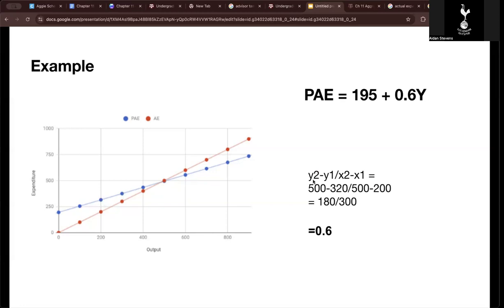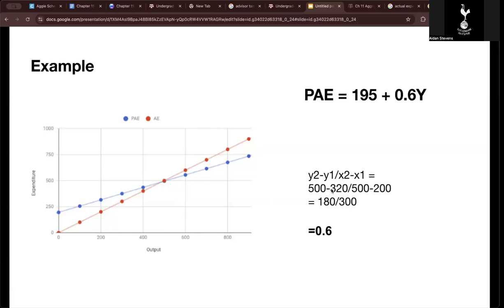To start off, we need to find out what y2 and x2 are for this point. We know that y is 500 on this side of the axis, and we know x is 500 because it splits perfectly between 400 and 500. For our second point, while it's a little harder to see, the number for y is 320, and for x it's 200.